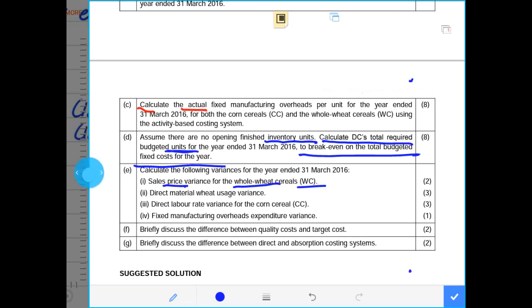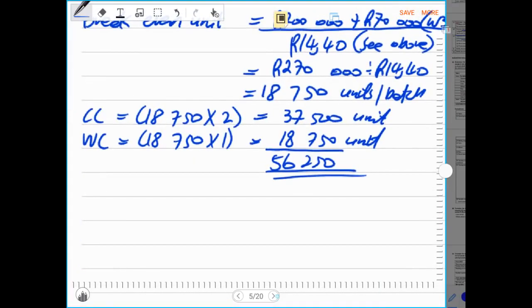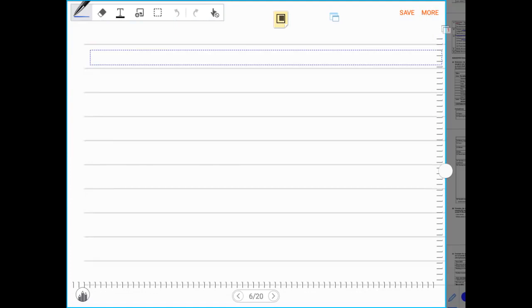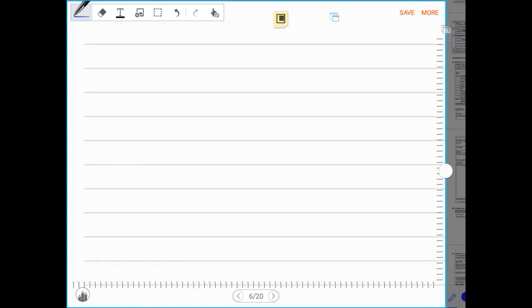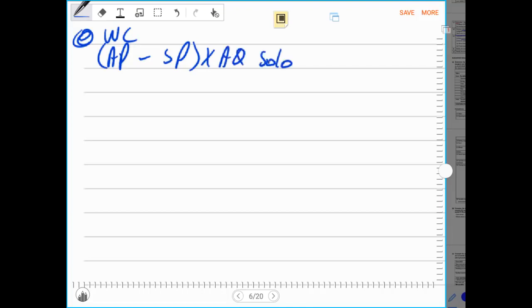Now under number E, I need my sales price variance for the whole weight product. And now in less than 20 minutes, I will be done with the variance. So now this is number E, which is for the whole weight. It is the actual price minus the standard price, times the actual quantity sold.